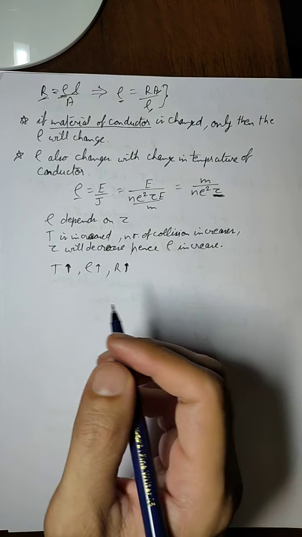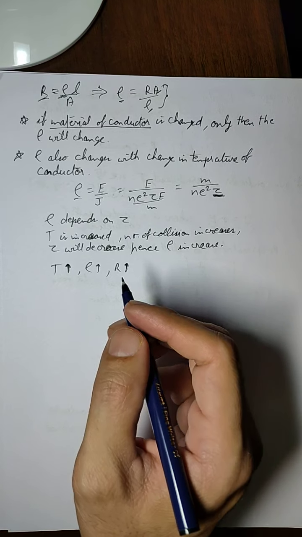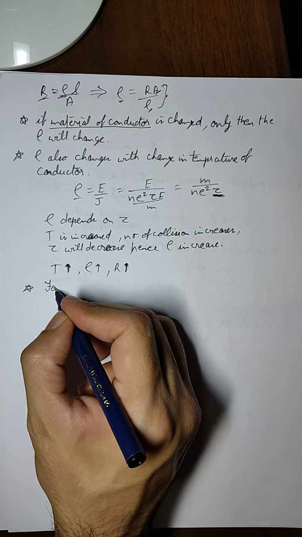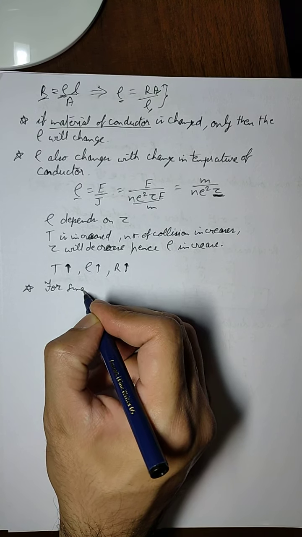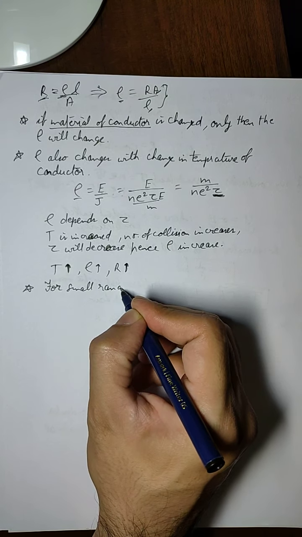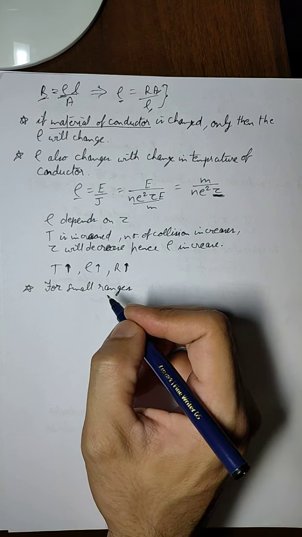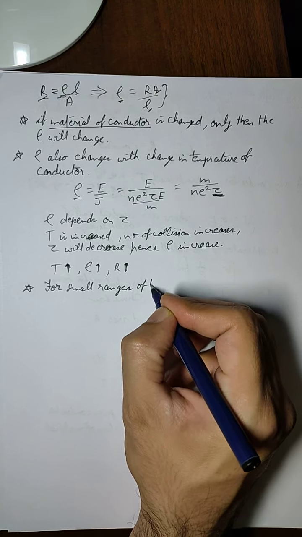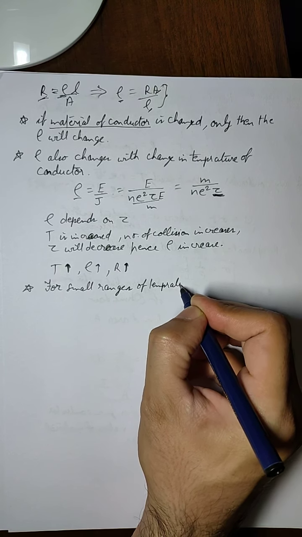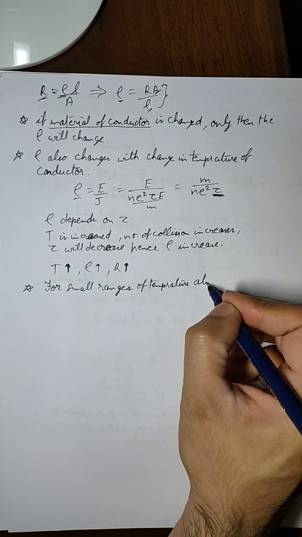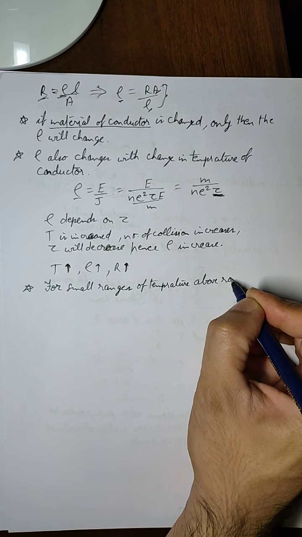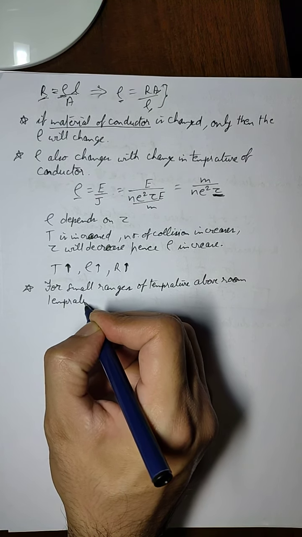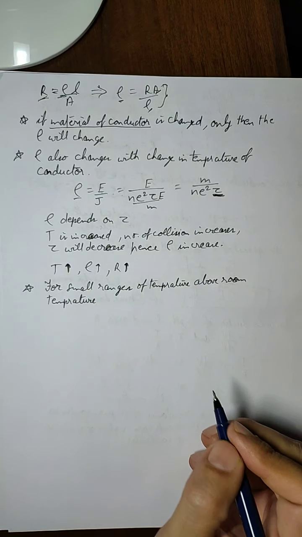Now we also have a formula for this. This can be another important point. This formula is applicable only for small ranges of temperature above room temperature. This is the area where this formula works perfectly.